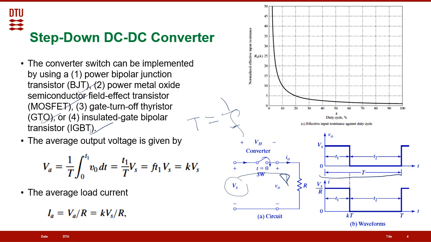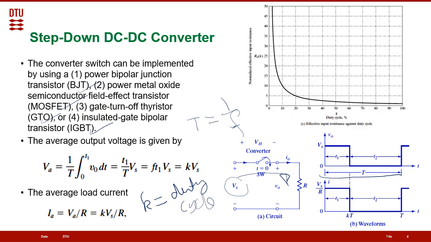We can integrate from 0 up to T1. From this integration, we can see that the average output voltage will equal T1 over T, or T1F, which we identify as K. K here is our duty cycle.